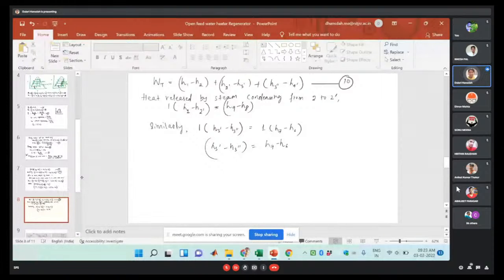Let us give the equation numbers: this is 11 and this one is 12.